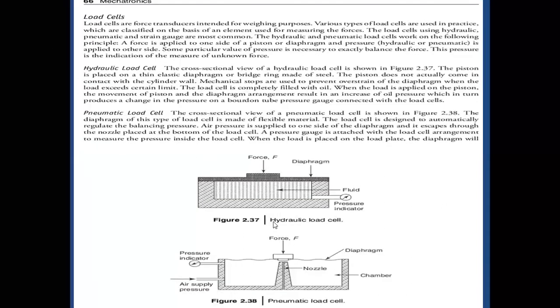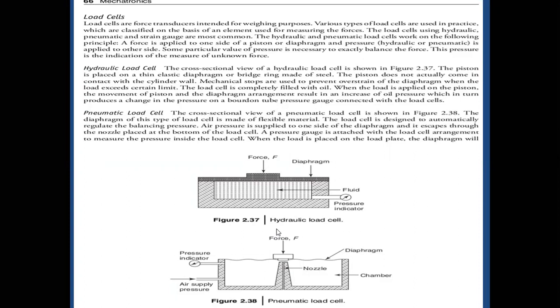Initially the chamber is filled with air. Whenever you supply the air, we maintain some amount of pressure by default. Whenever we apply force upon the diaphragm, it gets some deflection, and that deflection causes changes in pressure.